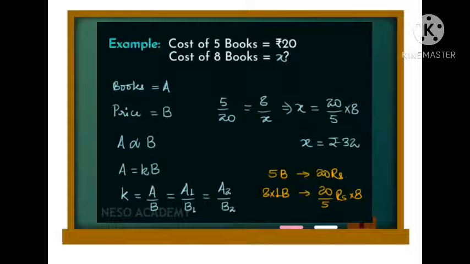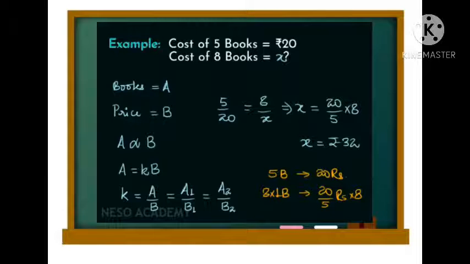From here, we can say A1 is equal to 5, B1 is equal to 20, A2 is equal to 8, and B2 we need to find out, so we will have 5 divided by 20 equal to 8 divided by x. Let's say the price we need to find is equal to x. From here, we will have x.